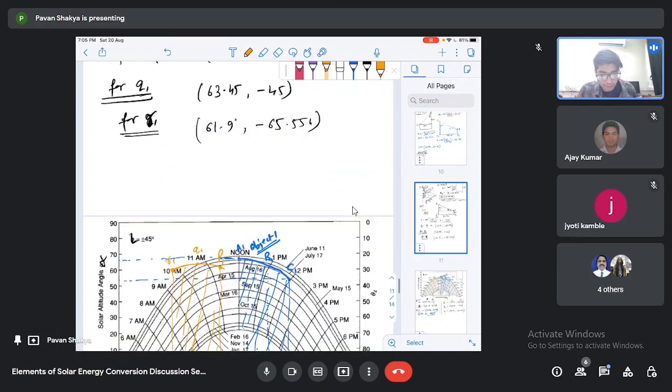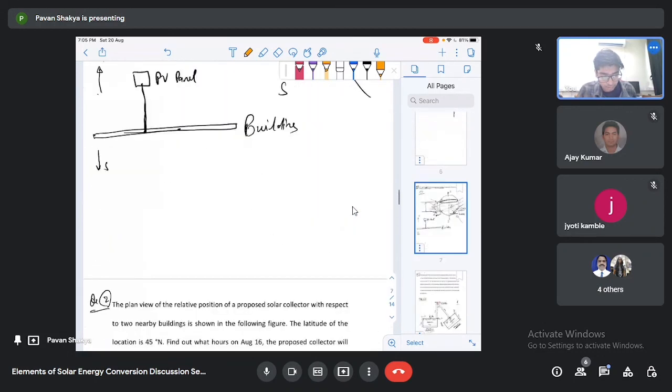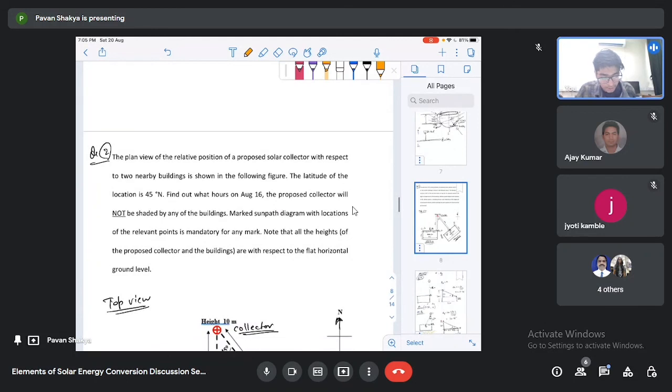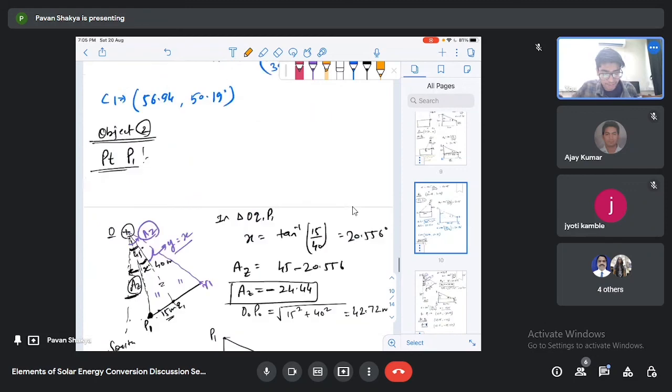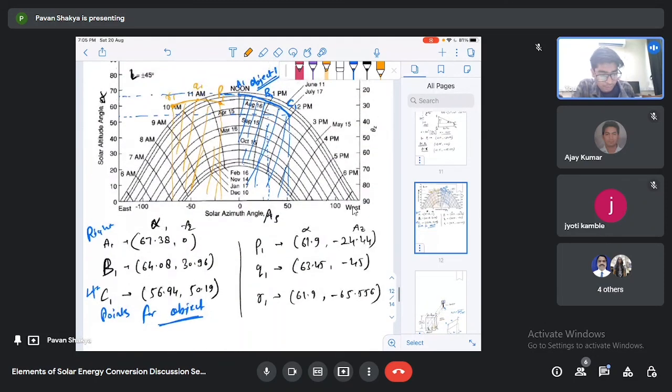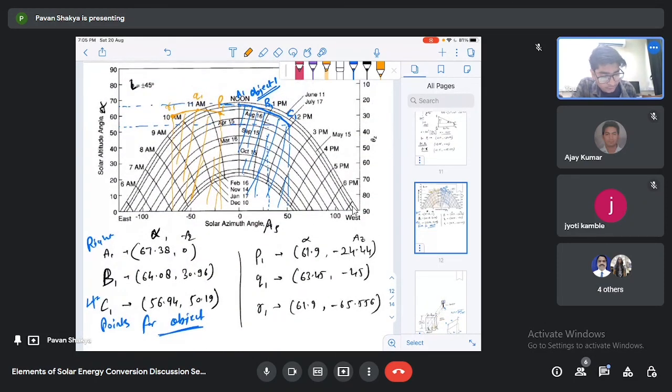Okay. So now I will go to the question and we'll see that the question was asking to find out what hours on August 16 the proposed collector will not be shaded. Okay. So on August 16, the line is like this one, this one is for 16th August.